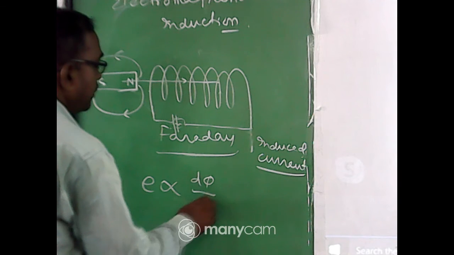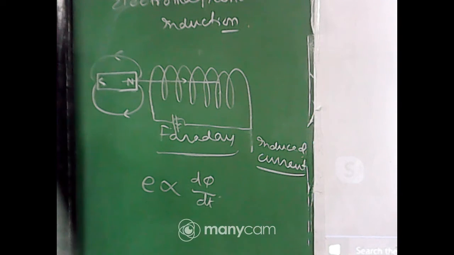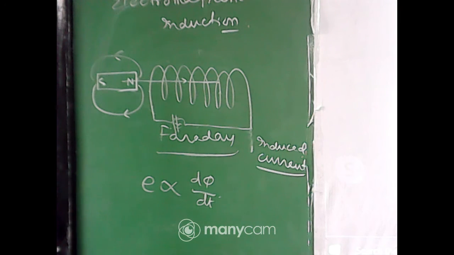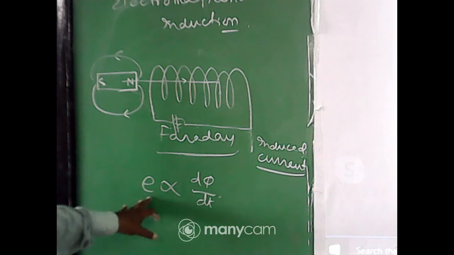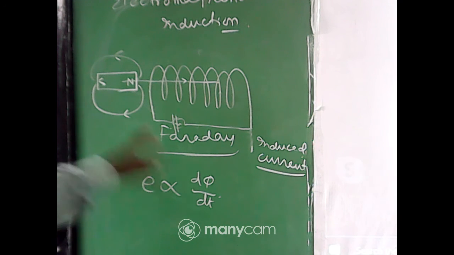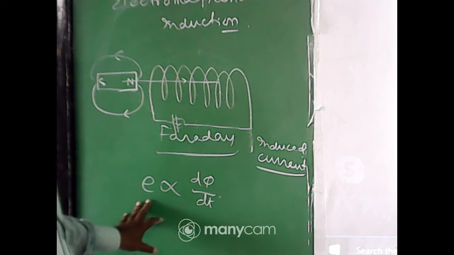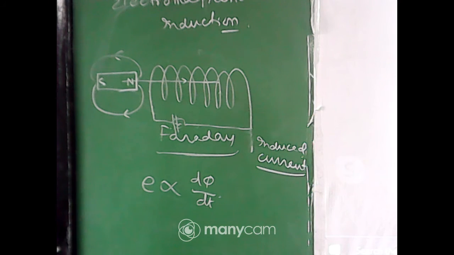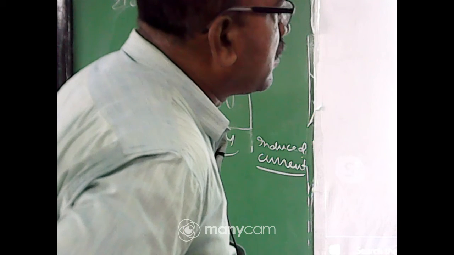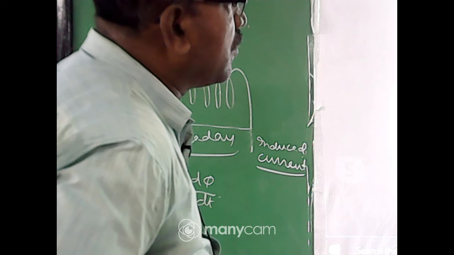My dear students, I will try to clear this when the syllabus covers the magnetic flux. For now you only need to know that term. The induced EMF created in this coil, by Faraday, is directly proportional to the rate of change of magnetic flux.